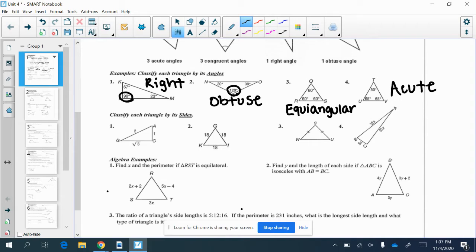Classify each triangle by its sides. We have 1, radical 3, and 2. That is going to be a scalene triangle. We have no sides of the same length. 18, 18, 18. Three sides of the same length is going to be equilateral.